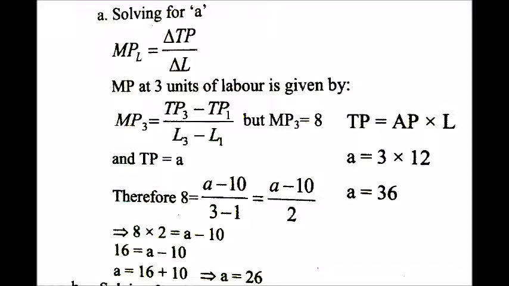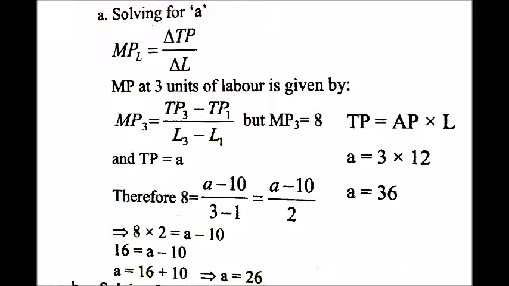So TP3 is A. MP of 3 is equal to 8, as you can see on the table.